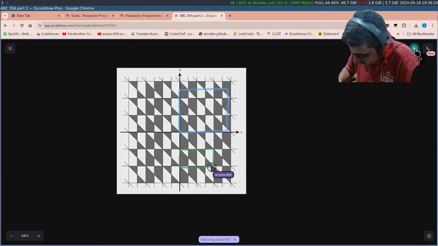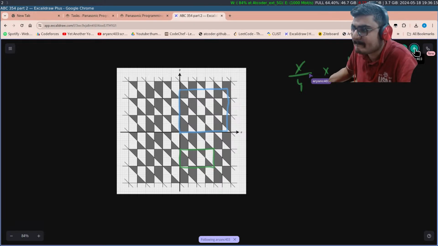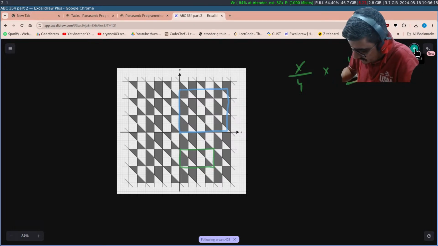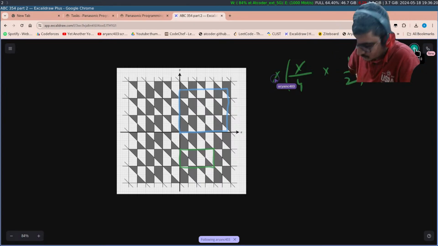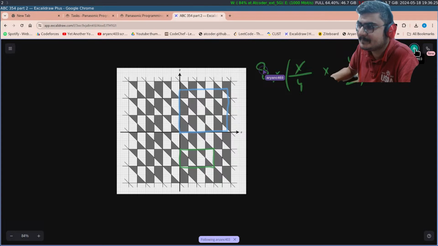The number of such blocks would be x by 4 into y by 2. These blocks multiplied by the area over here, which is 4 into 2, 8, so this is the first thing we should do.